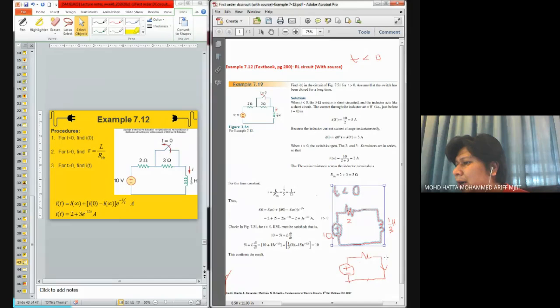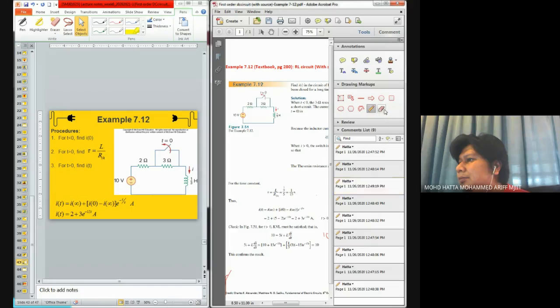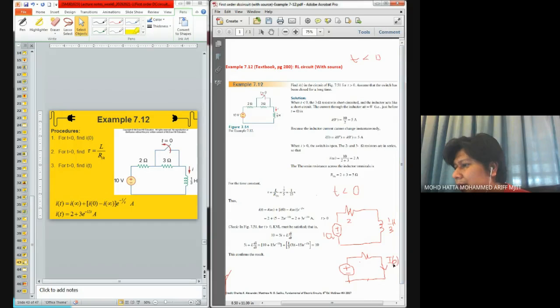So this is I naught, the initial current that you need to find. To find I naught, it is based on Ohm's law, where I naught can be found by taking this voltage divided by this 2 ohm resistor, and then you can find the current flowing through this part.